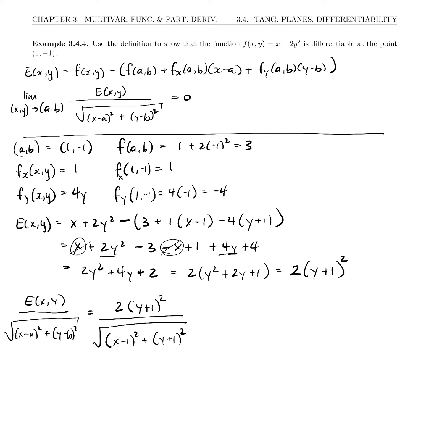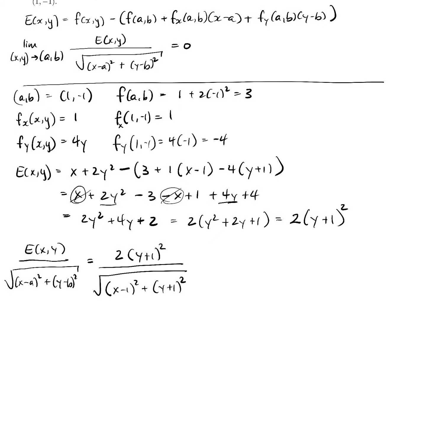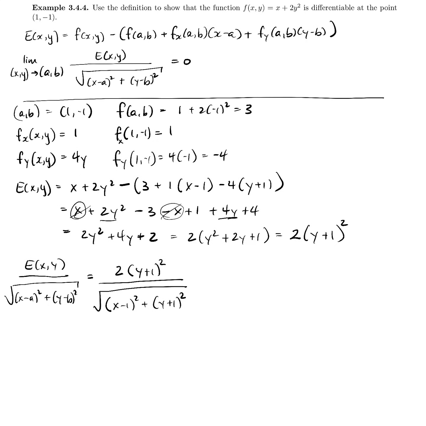Now, to evaluate the limit of this, we are going to appeal to the Squeeze theorem. I know how you have missed that from your first calculus courses. We can first of all set up an inequality.